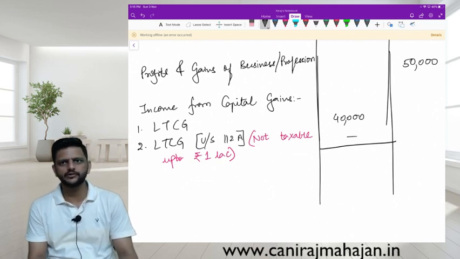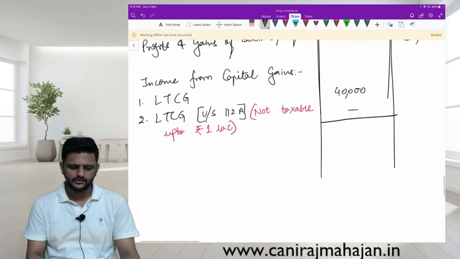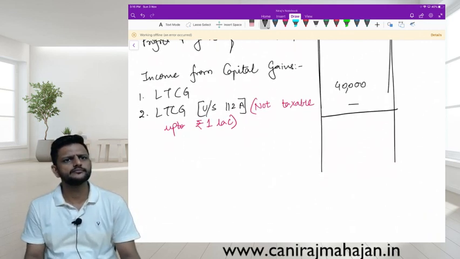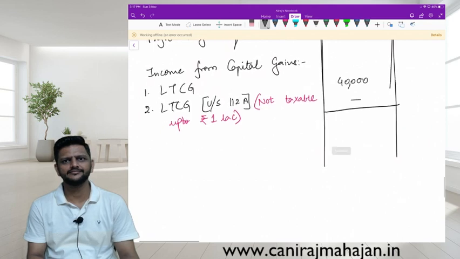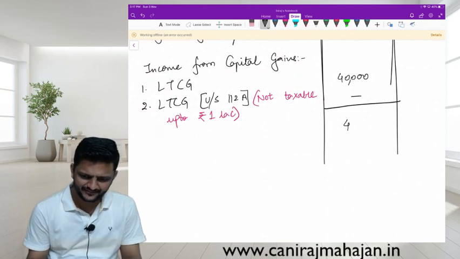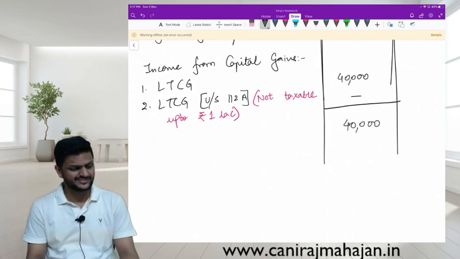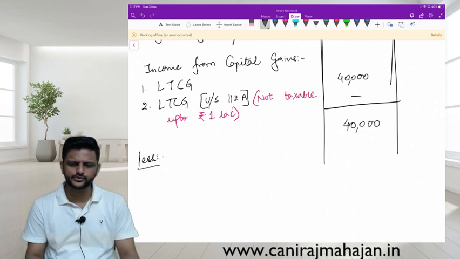Now 1 lakh has some relevance or no? Up to 1 lakh, not taxable. So right now LTCG is available. Is any other LTCG there? So LTCG available with us is 40,000. Less, what could we reduce?